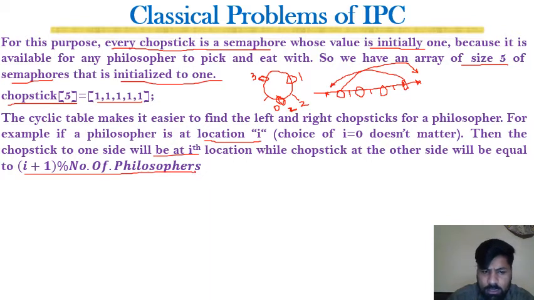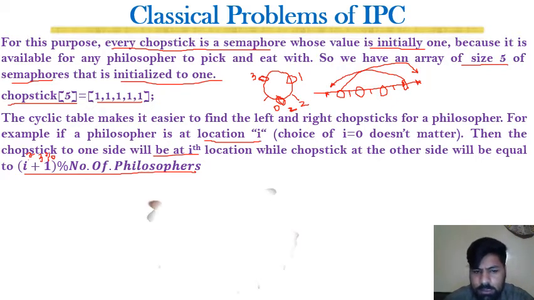So I plus 1 means the philosopher's number plus 1. For example, it's the second philosopher, so 2 plus 1 becomes 3. And now 3 will be taken modulo, the remainder when divided by the number of philosophers.